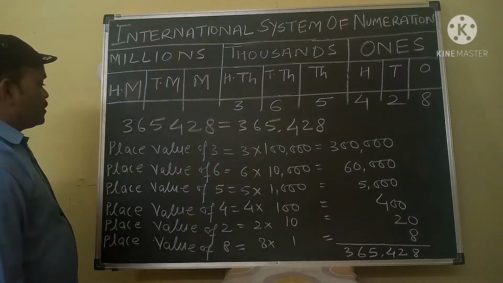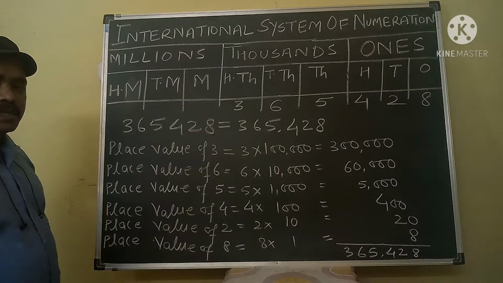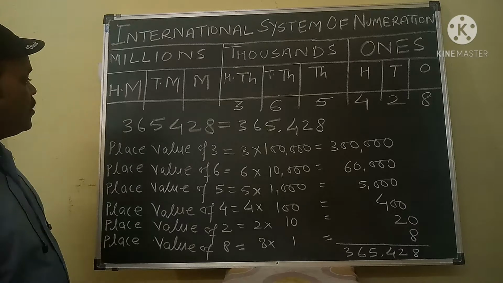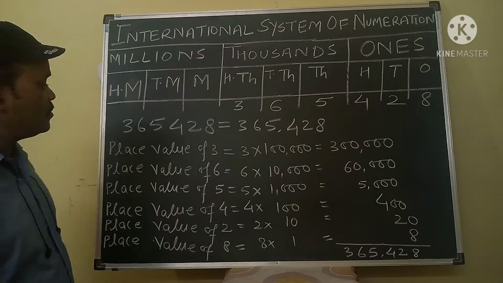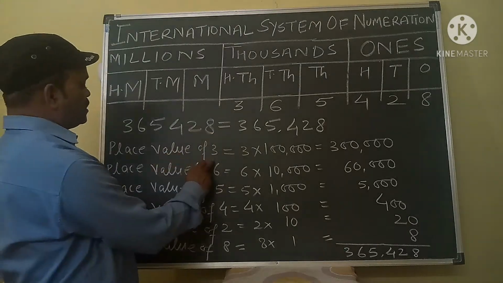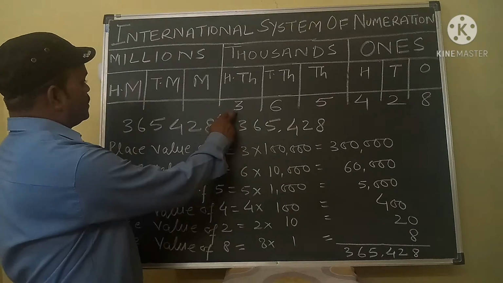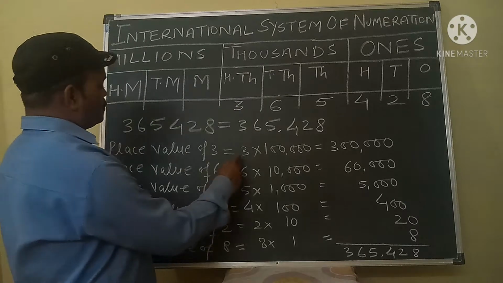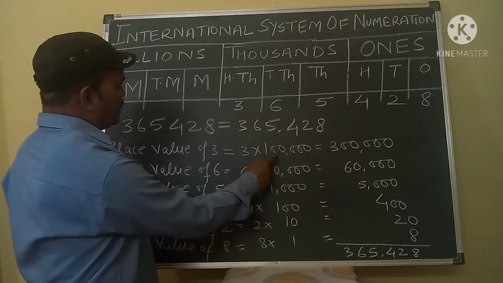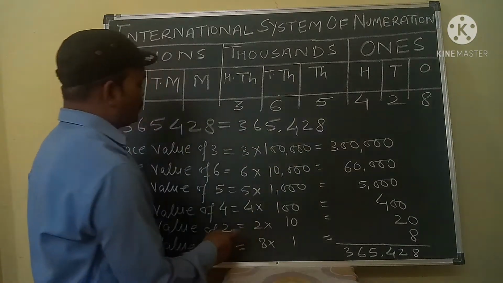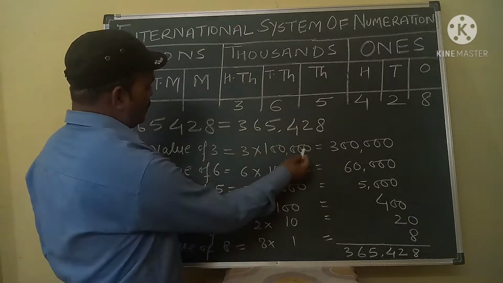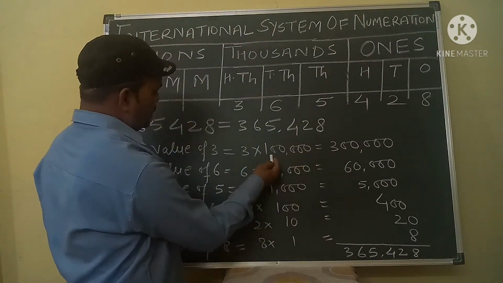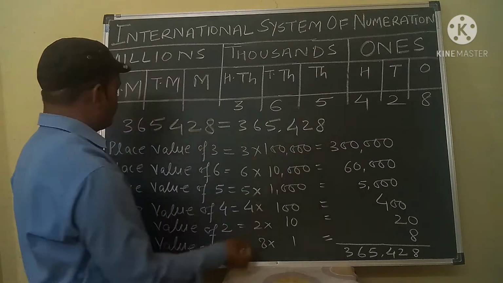Okay. So first we will discuss what is the place value of 3. Place value of 3: 3 is in which place? 100,000. So 3 multiplied by 100,000. Okay. Now look here, ones, tens, hundreds, and this is thousand.